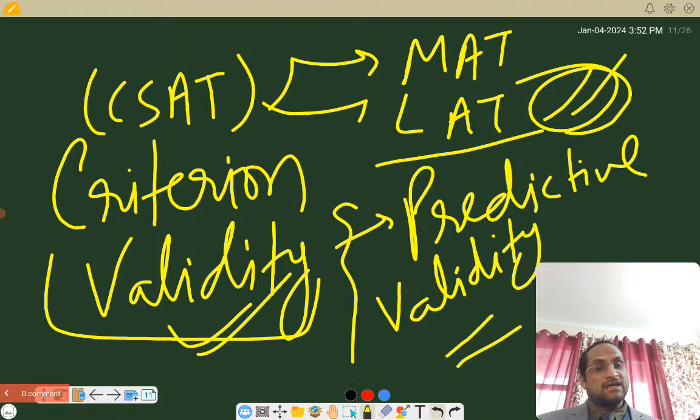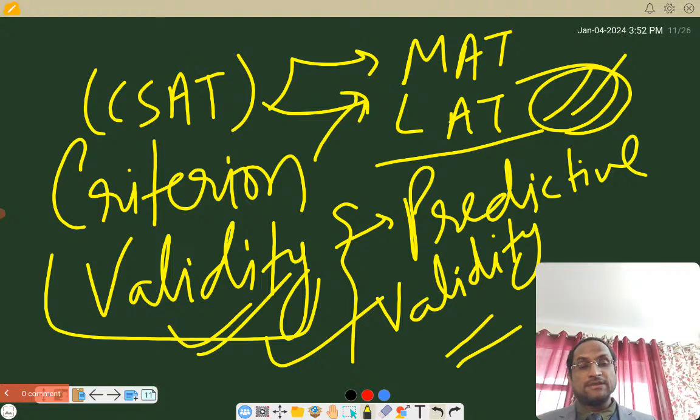For the part of tests which are available for the same construct, what is the construct like? Aptitude test itself, the civil services aptitude test, similar test, it should correlate highly with the tests which are already available, tried and tested. It should also be able to predict the future abilities, like risk taking abilities or risk management abilities rather.